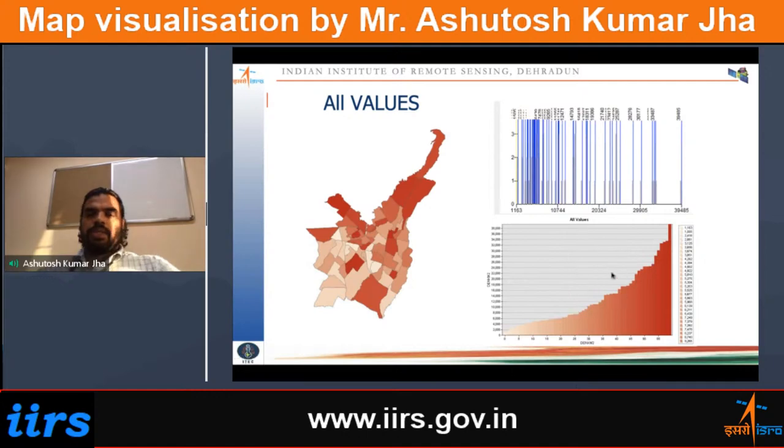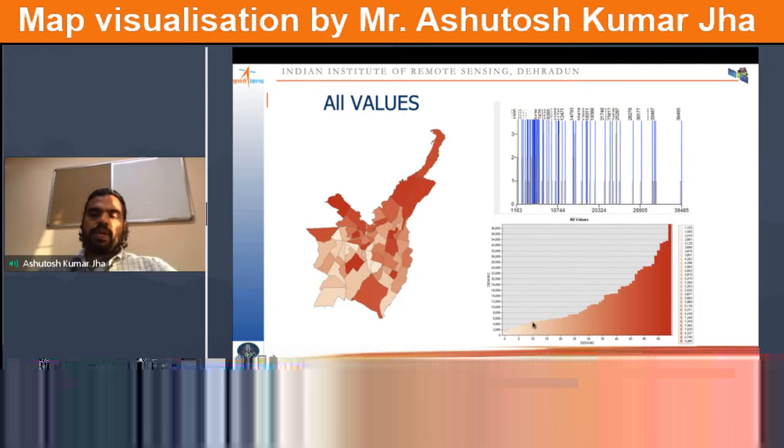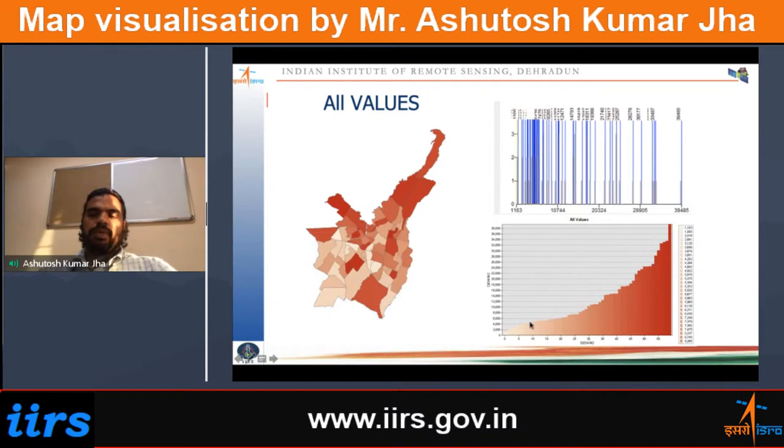Once we map this attribute data back to the spatial polygons, wherever we see a value, let's say for example around polygon number 10, which is around 4,000, correspondingly all the 60 different polygons have been represented.